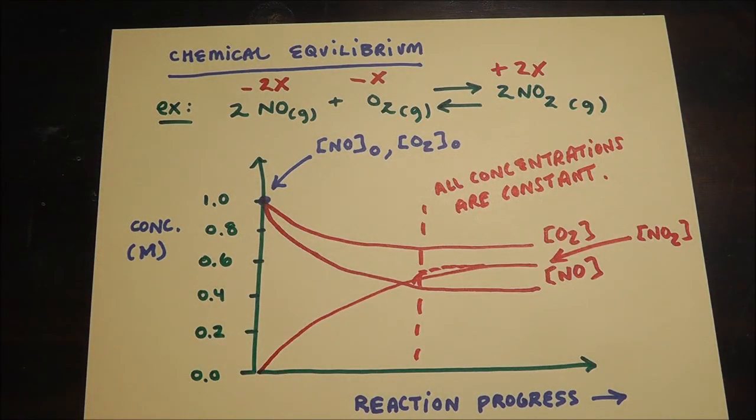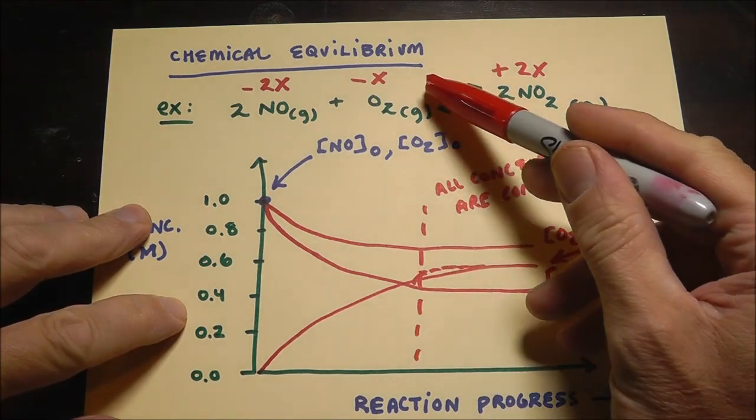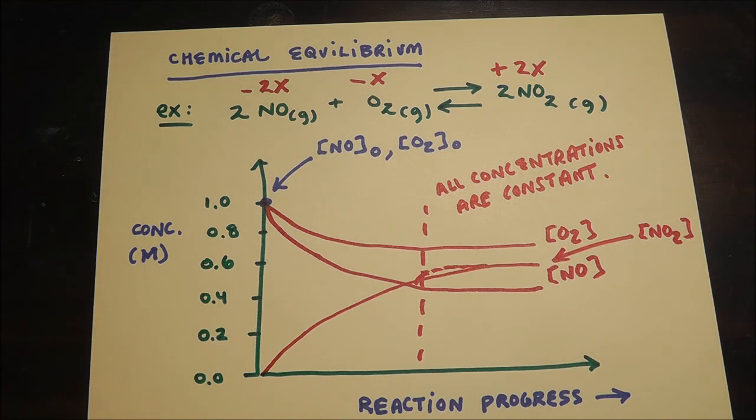It's kind of like when the price of eggs doesn't change because there's an equal number of buyers and sellers, and then a shortage of eggs might happen and there'd be more buyers than sellers, and that would change the price of eggs. But here we've got nothing changing because the rate of the forward reaction is equal to the rate of the backward reaction.